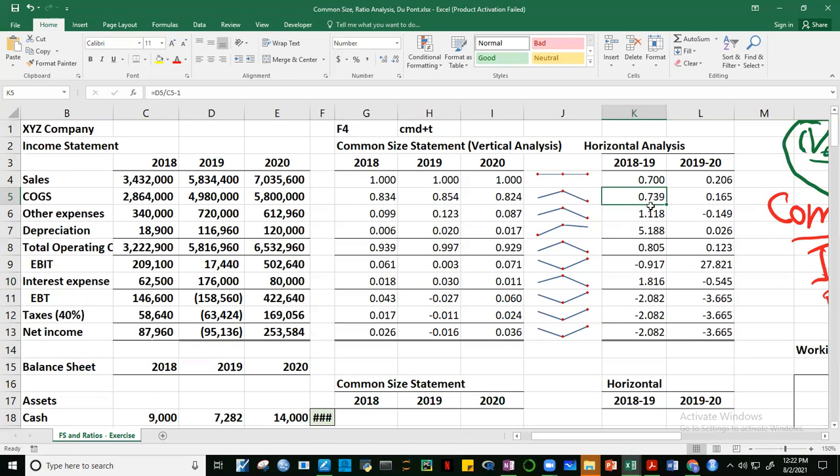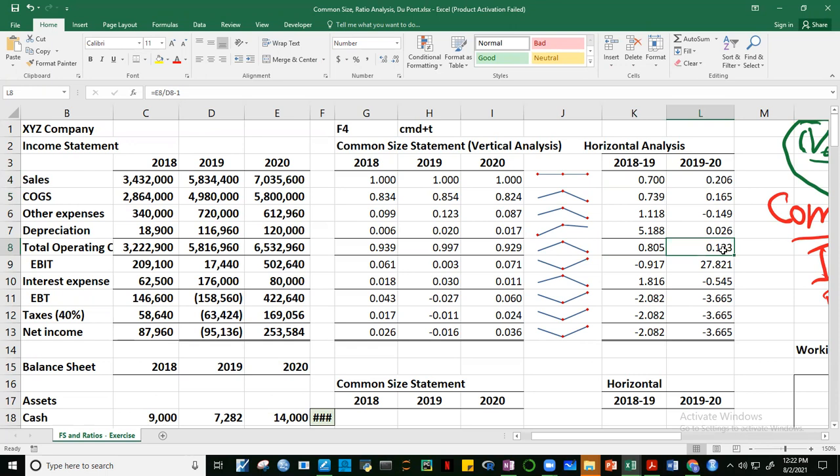Medyo mas mataas pa yung increase ng cost kaysa increase ng sales. Kaya nga dito, guys, total operating cost increased by 80%. Ang sales increased 70% lang. Compare that with the period 2019 to 2020. Dito nag-increase yung sales 20% lang, pero ang cost of goods sold na-increase 16.5% lang.